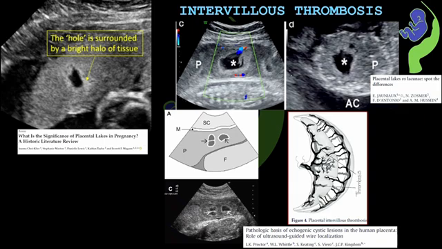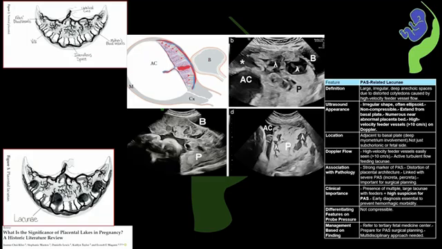The pathophysiology behind lacunae is that high velocity feeding vessels from the maternal side will disrupt the anchoring villi, leading to formation of cystic spaces filled with high velocity blood flow. Placental lacunae are deep, anechoic and large spaces, generally irregular and ellipsoid in shape, located more towards the basal plate.